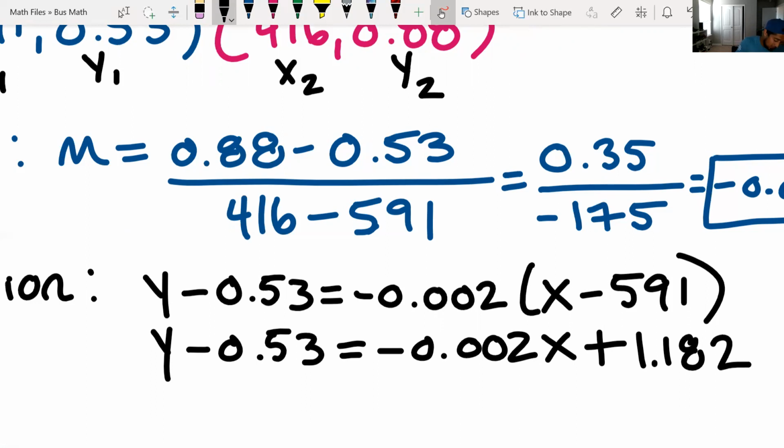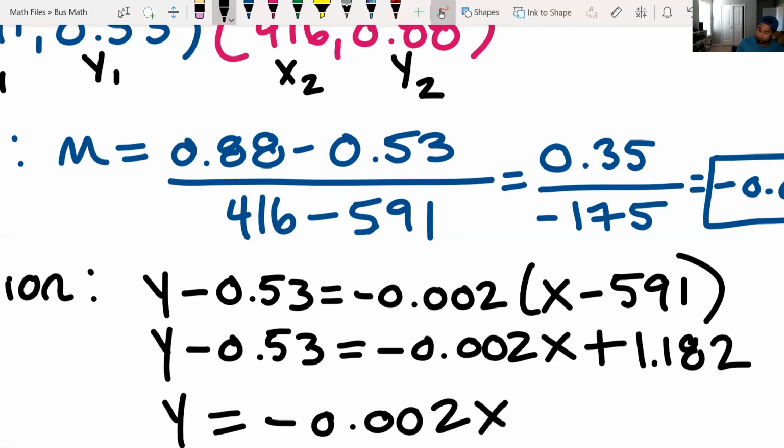And then add the 53 cents. And we'll get y equals negative 0.002x plus 1.71. We'll just round it.